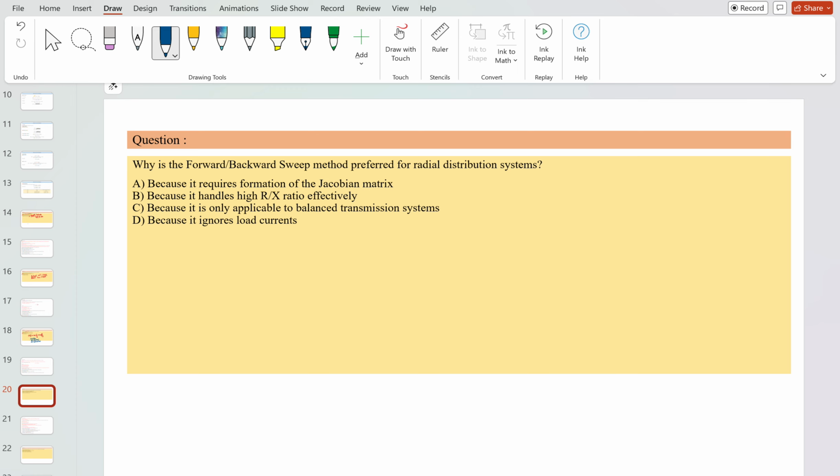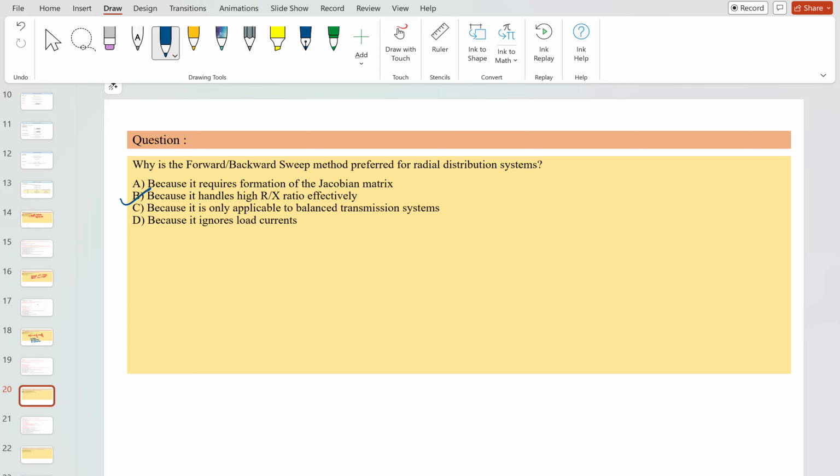Try to see this. Okay, option B. That's true because we have already seen that it is mostly applicable for the distribution network, where a high R by X ratio will be there.